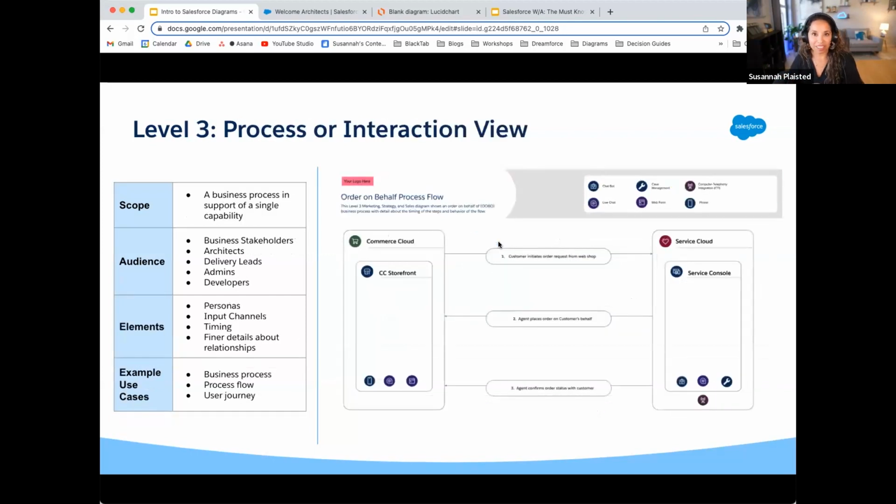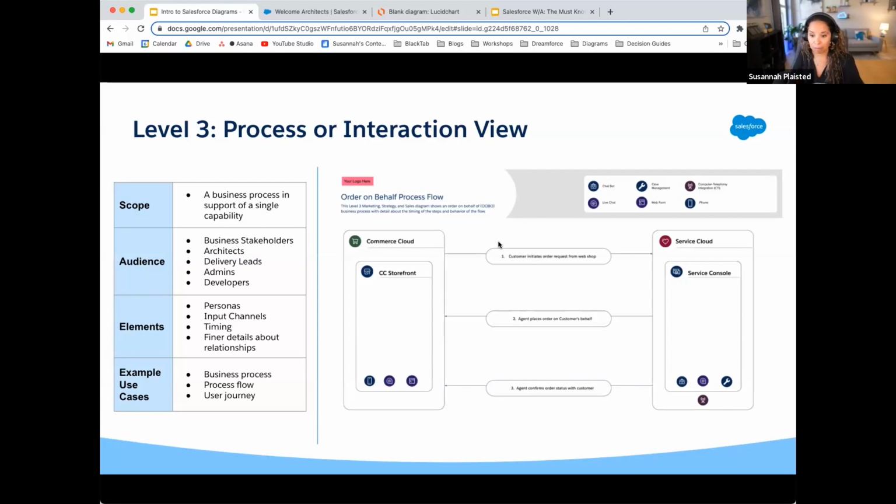Level 3, we go in, we zoom in even farther. So we're not just looking at a capability, we're looking at a single process inside a capability. So this example is the order on behalf process flow. So if you're using Commerce Cloud and you want to allow your reps to order something on behalf of a customer, this is the flow that you might use. So we're getting more into the details here.